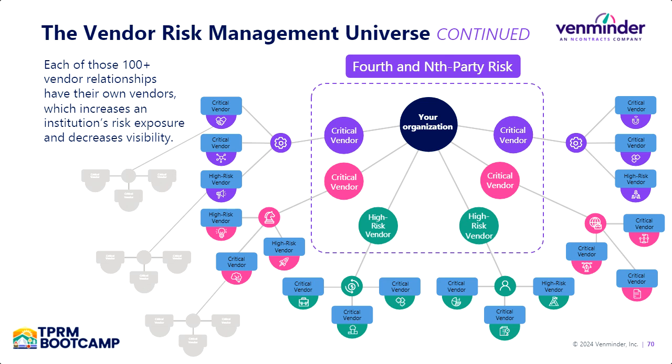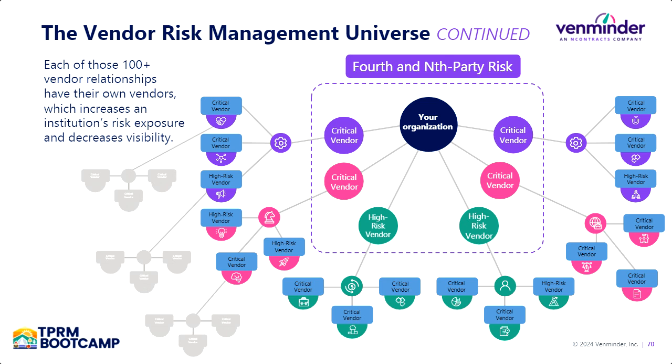So now remember, we talked about 100 vendor relationships, or greater than 100. Each of them may have their own vendors, those fourth and nth parties, which increases your institution's risk exposure and decreases your visibility. As you can see, what were your direct vendors before, you now have many vendors that are critical to your vendors providing you service that also have your data, also have a risk impact to you.